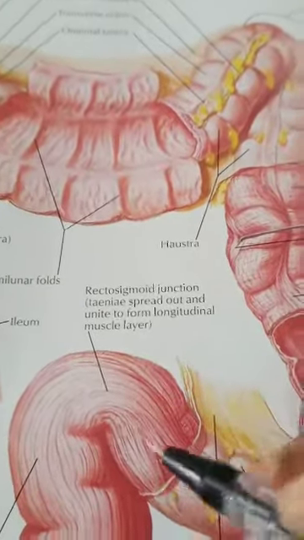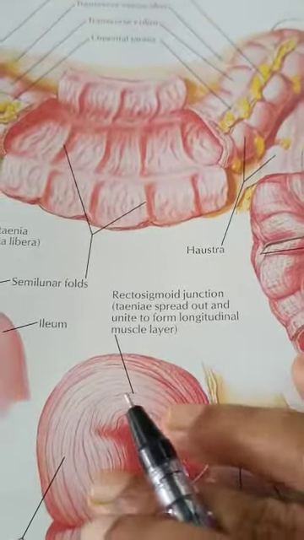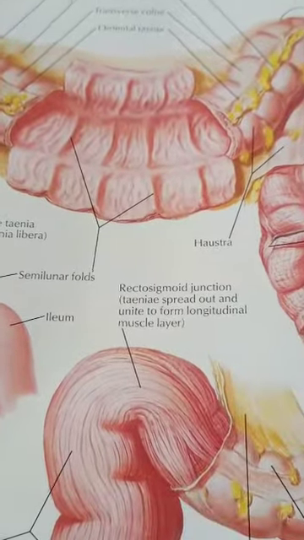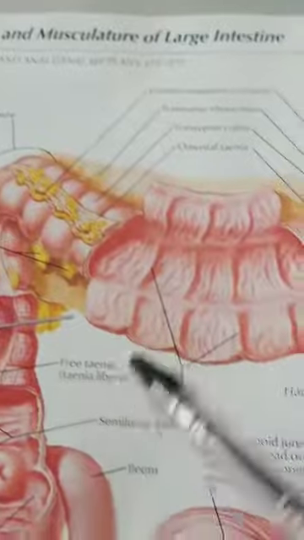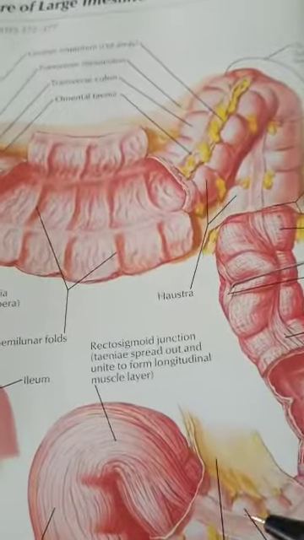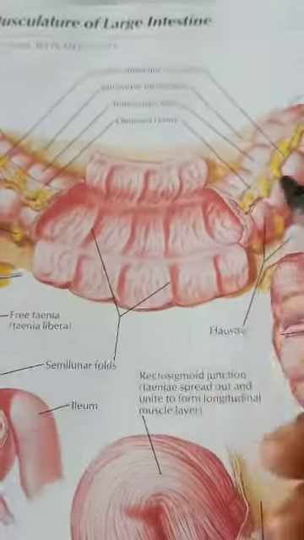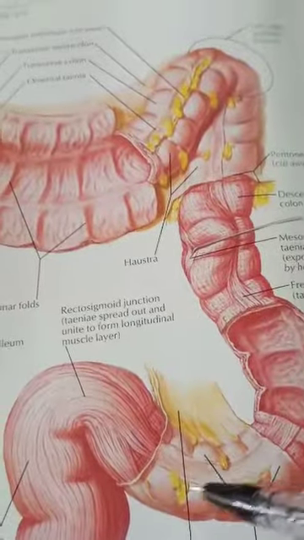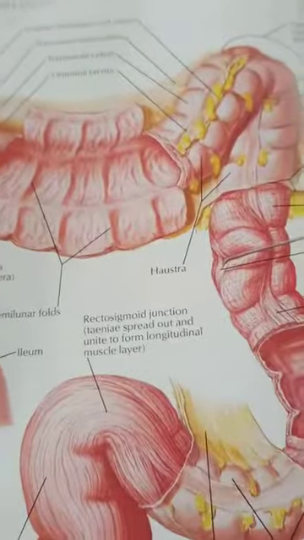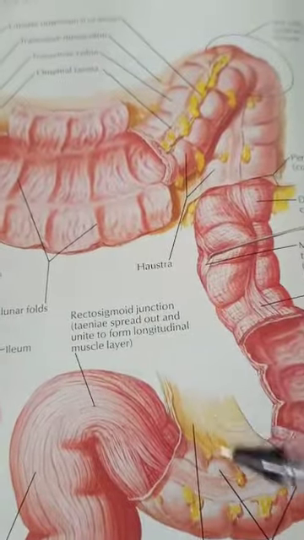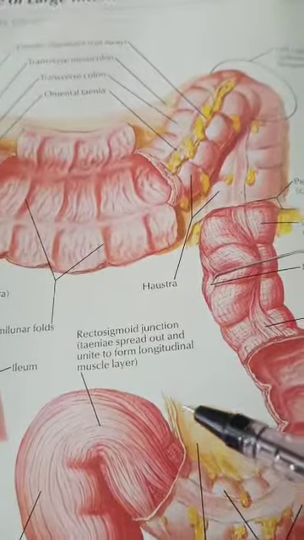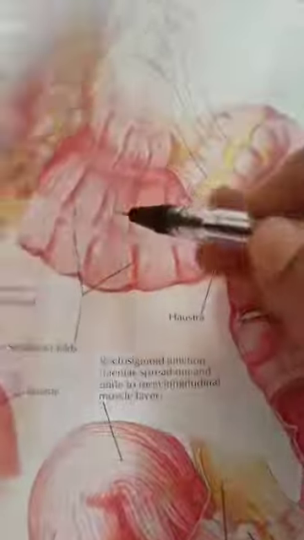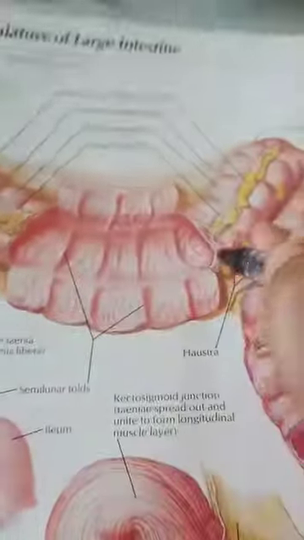And this large intestine is suspended from the abdominal wall by a fold of peritoneum, not in all parts, only in the transverse colon and the sigmoid colon. This is a freely movable part.